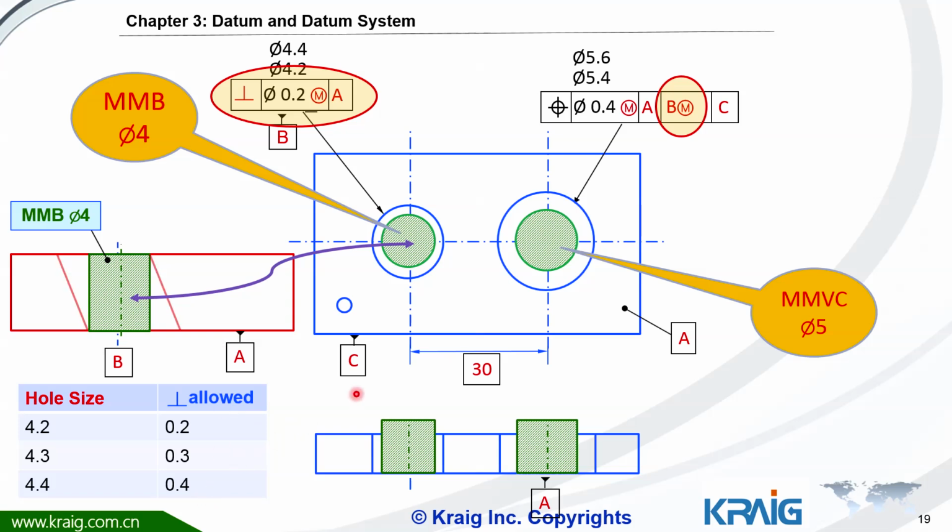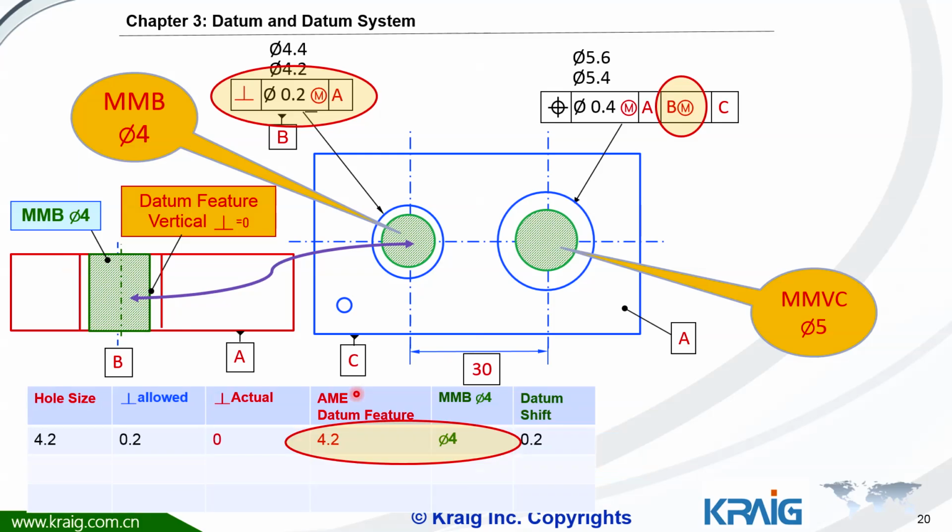So let's look at one example here. What about when we produce the actual size 4.2, perpendicularity allowed 0.2, but the actual perpendicularity variation is perfect. I mean, there's no perpendicularity error.